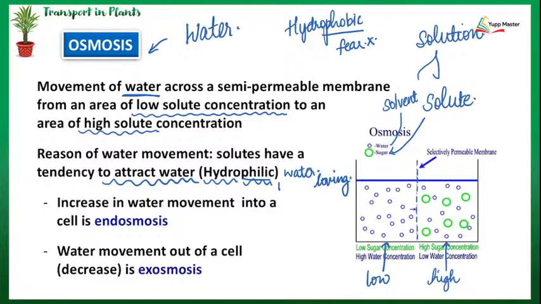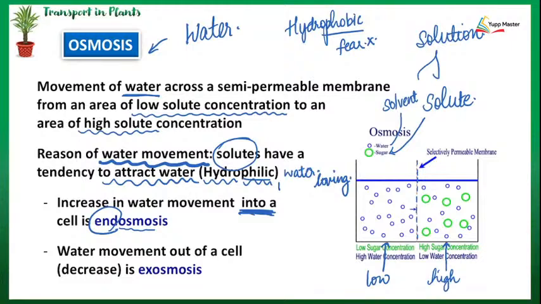So we see here that the reason that water is moving is because the solutes have a tendency to attract water. Now, if there is an increase in water movement inside a cell, if water is moving inside the cell, then we can call this type of osmosis as endosmosis. Okay, endosmosis means when water is moving inside the cell.